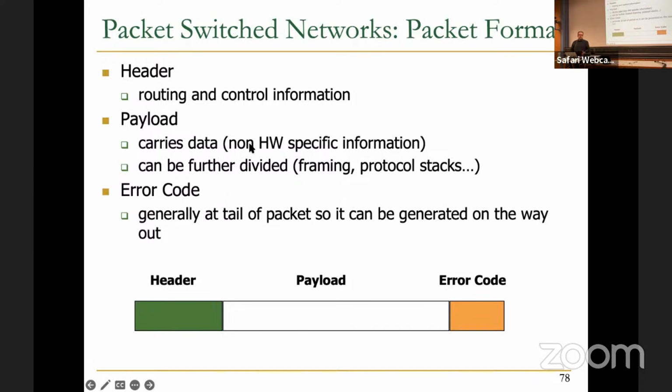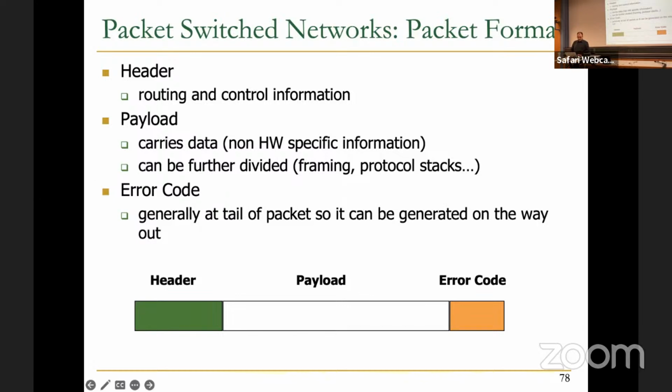For example, for a write request to the cache, your payload can be the data of the cache block that you want to write to your cache, and it can be further divided, like with framing protocol stacks, maybe divided into flits. You also need to add some error code to check that your data has arrived at the destination with no error.